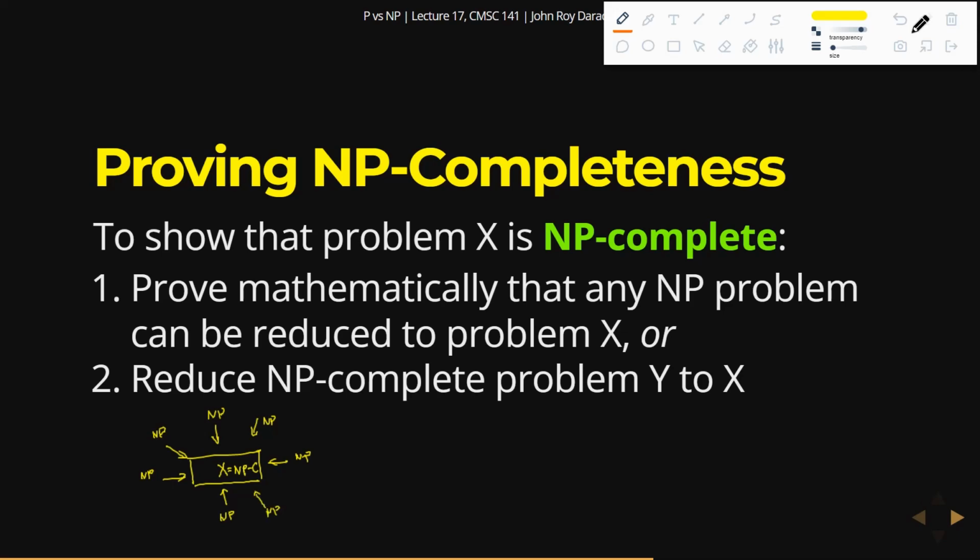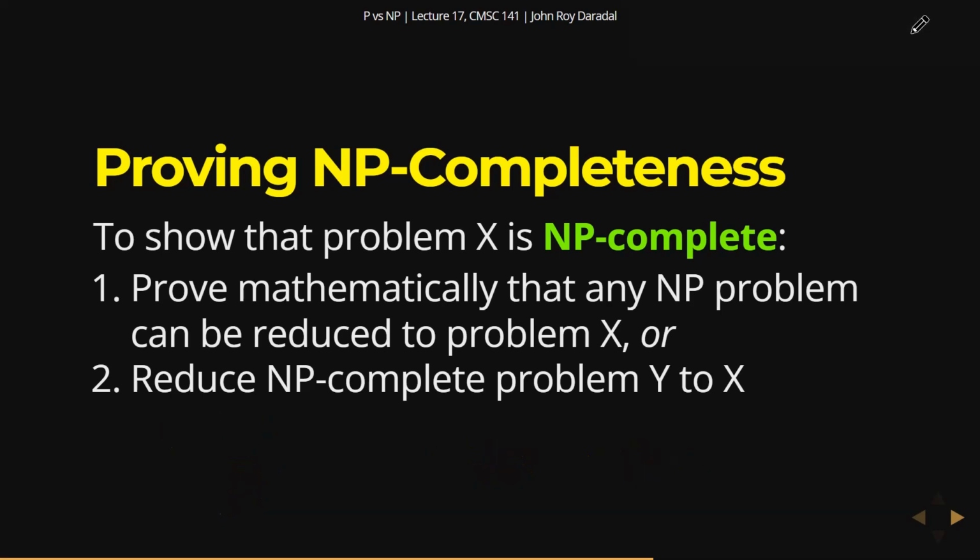Or if you already have an NP-complete problem, let's say Y, which is known to be NP-complete already, if it can be reduced to X, then that makes X NP-complete as well, because if Y, which is already the hardest because it's NP-complete, can be reduced to X, then X should be at least as hard as Y, making it also NP-complete.